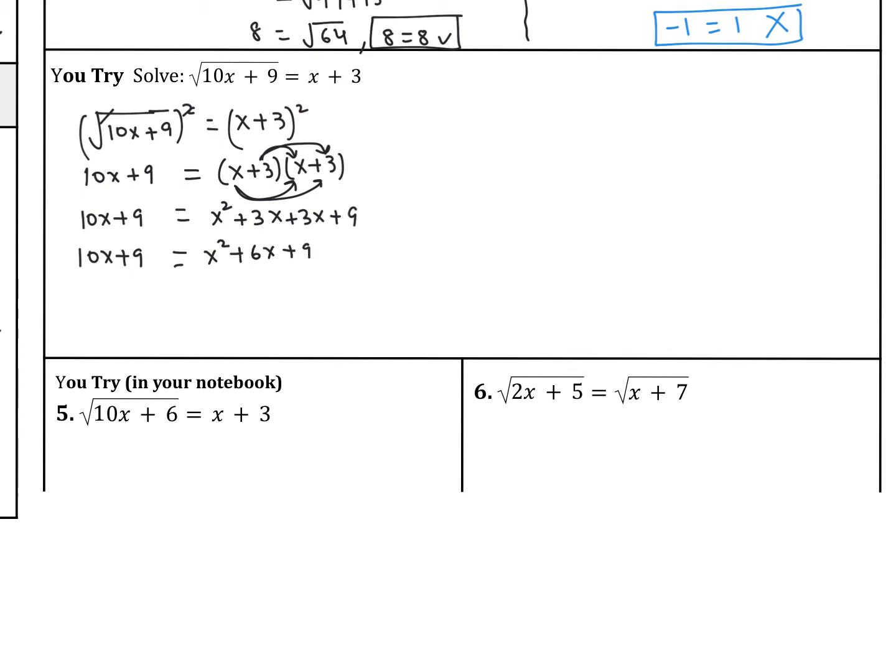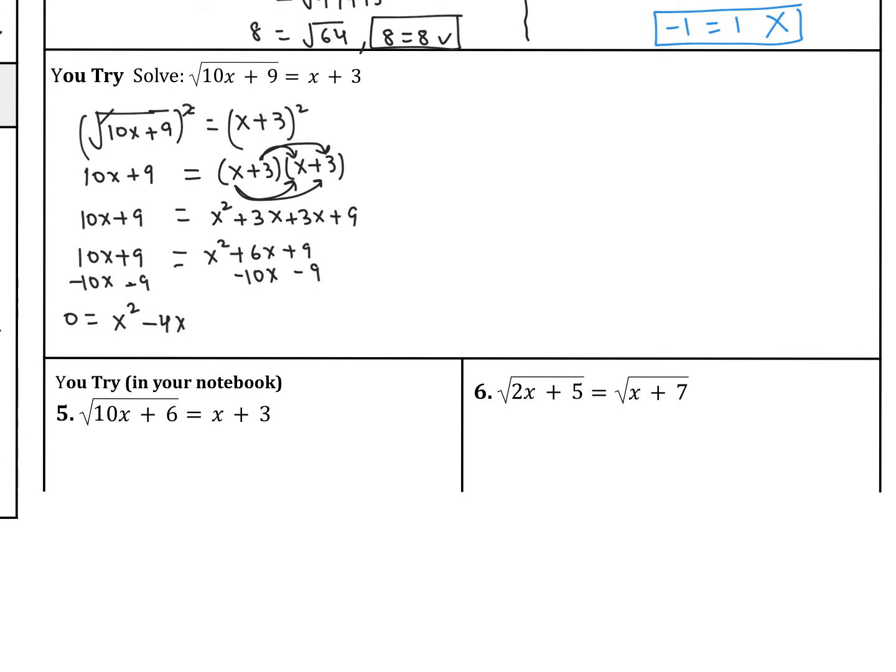You're going to bring the 10x plus 9 onto this side. So you're going to subtract 10x and 9 on both sides. And what you got is 0 equals x squared minus 4x plus 0. Or you don't have to write 0. So what you got is x squared minus 4x.